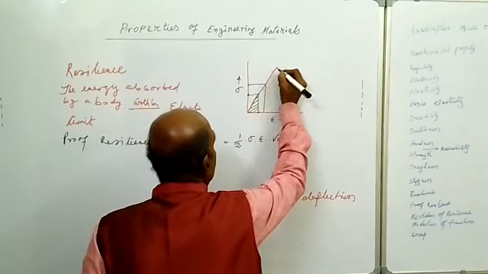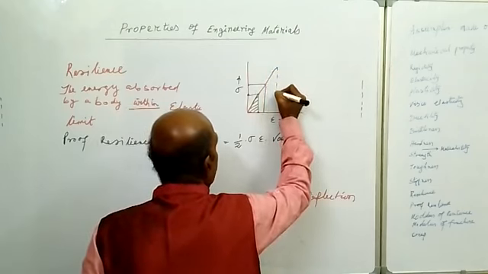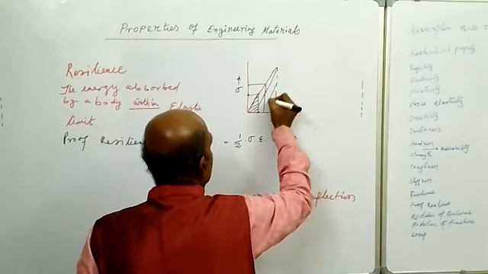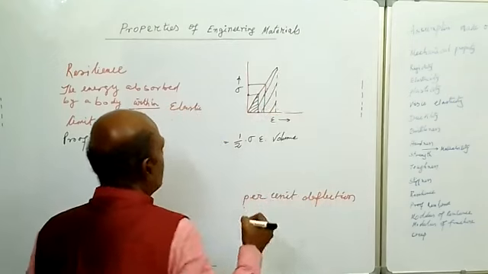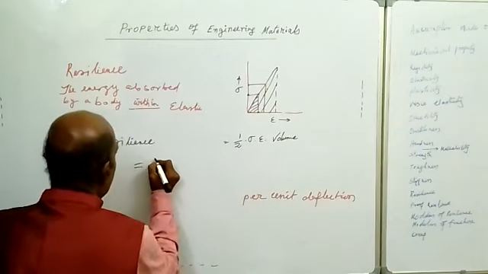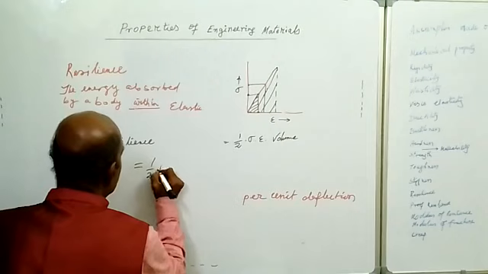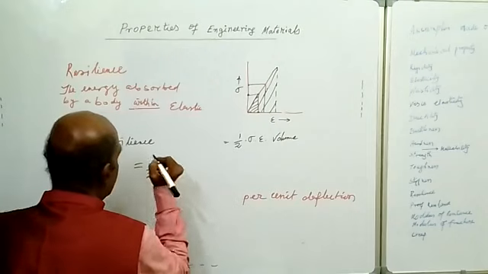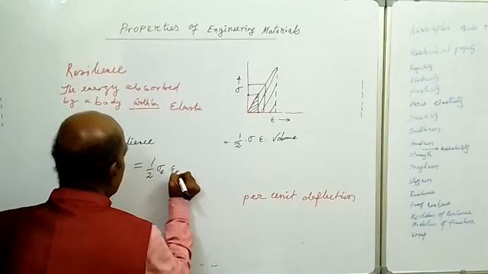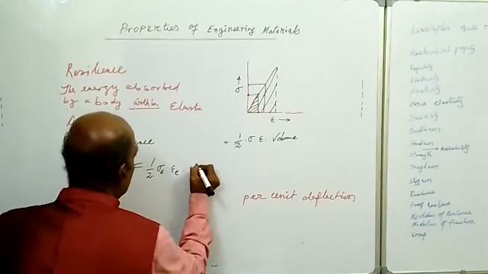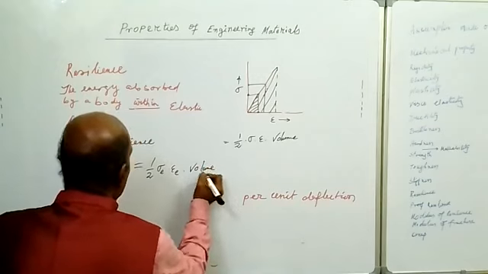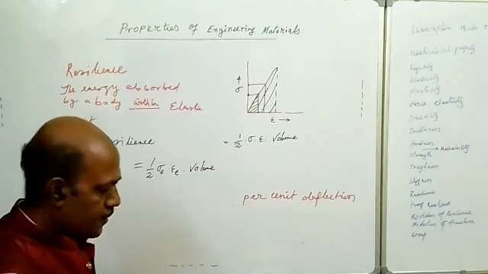Say this is the elastic limit, so this is the energy absorbed by the body up to elastic limit. This whole area per unit volume is half into sigma E, the elastic limit stress, and epsilon E, the strain at elastic limit, into the volume of the body. So this is the proof resilience.